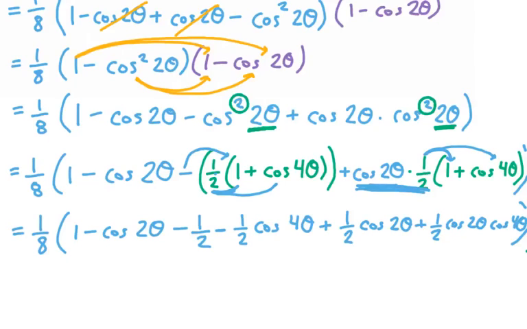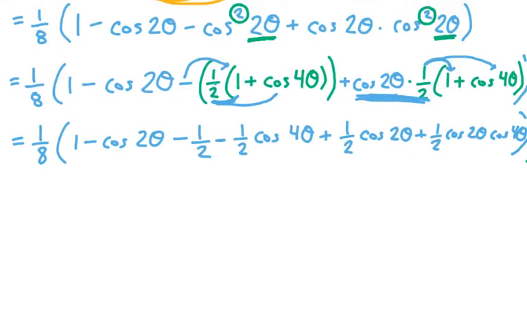Alright, so again, it's looking pretty good. We can collect a couple like terms inside before we truly call it quits. So I'll keep carrying down this 1/8. Within the parentheses, I'll first work on the plus 1 and the minus 1/2. 1 minus 1/2 makes 1/2. I'm going to see if I can find any like terms with my negative cosine 2 theta. I see one down the road here as a positive 1/2 cosine 2 theta.